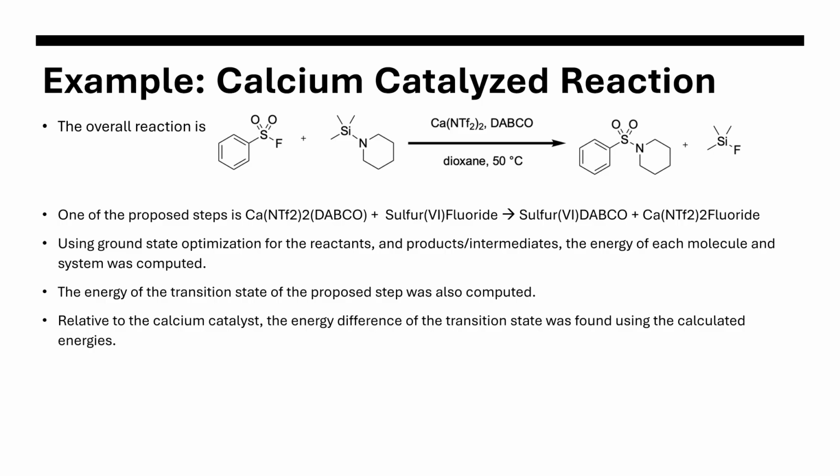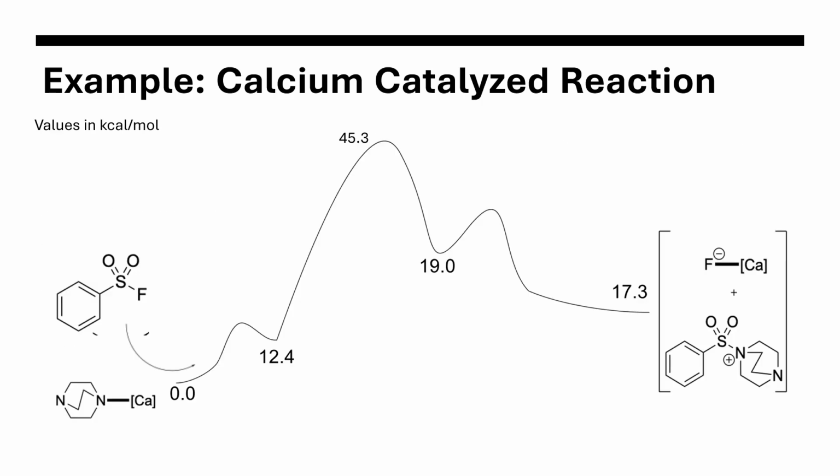And then using those energies, we can find the energy difference of the transition state relative to the calcium catalyst. And essentially, what this does is it allows us to make a reaction coordinate for this proposed step.